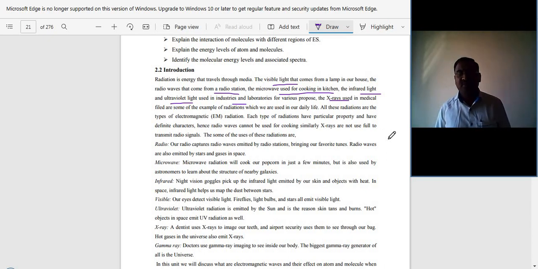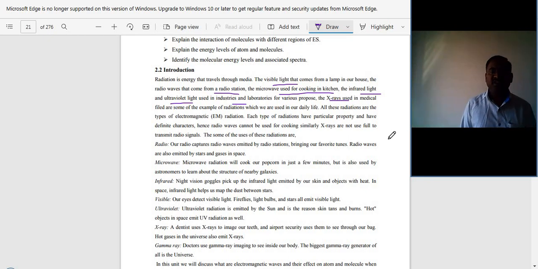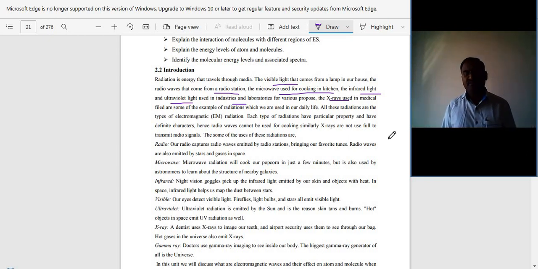These are some examples of radiations which we use in our daily life.